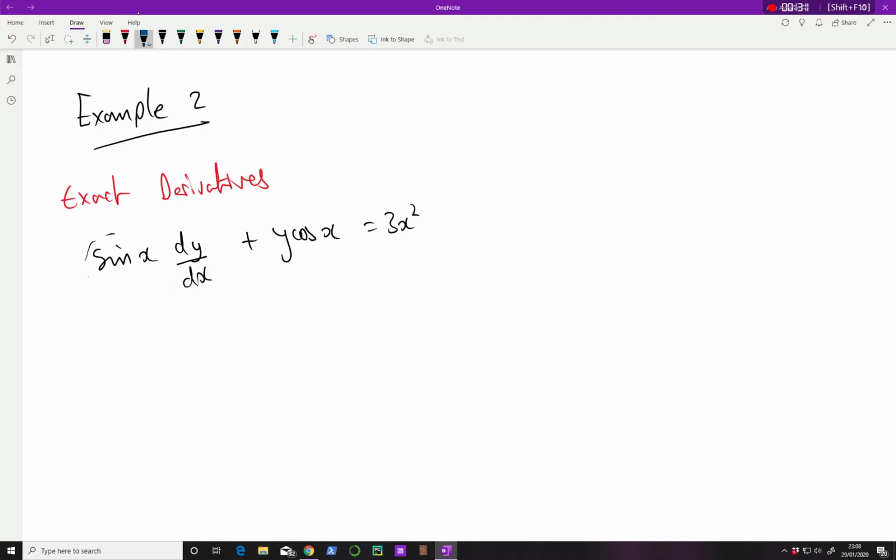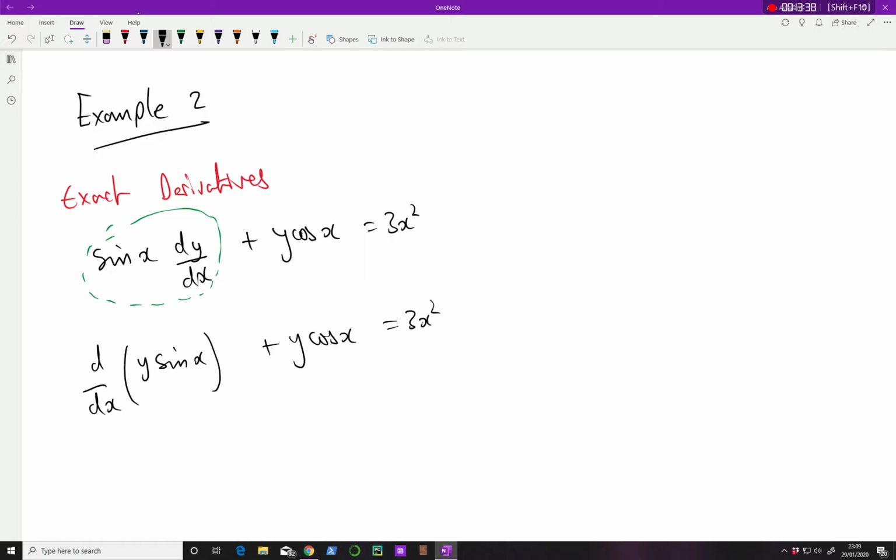So I'm looking very closely at this expression on the left-hand side. If I was to modify it slightly, I would have d over dx of y sine x, and then plus y cos x equals 3x squared.